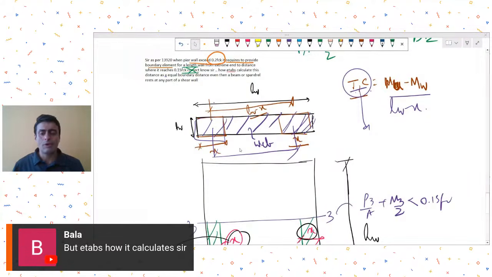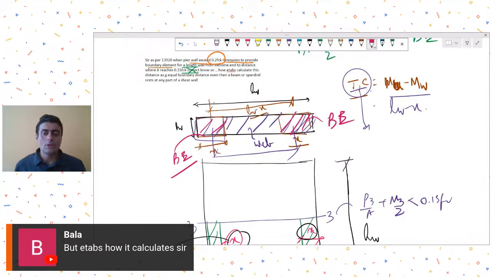So don't follow the ETABS procedure for boundary length calculation because it is unable to consider the moment capacity of this web portion. So I'm calling this the web, and I'm calling this my boundary element, and this my boundary element.